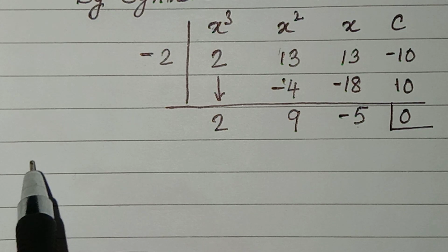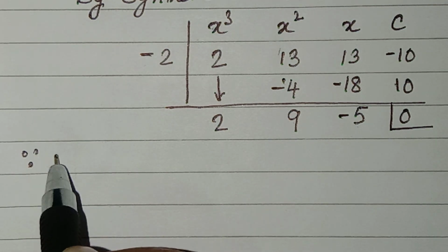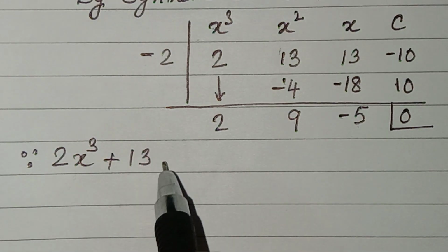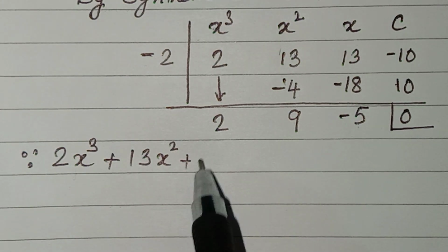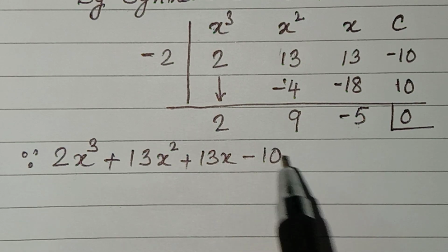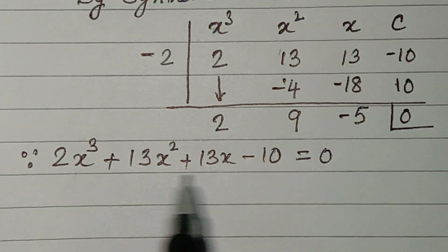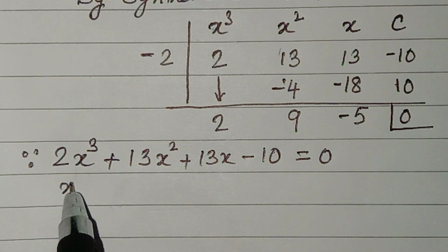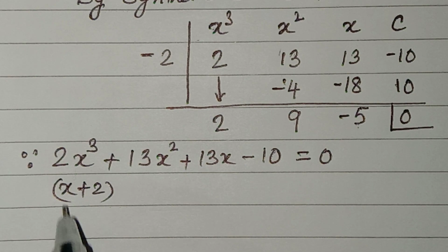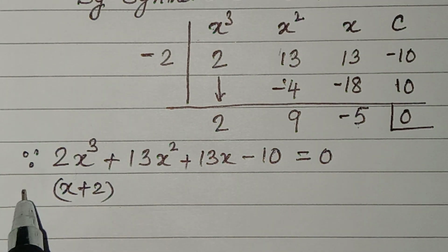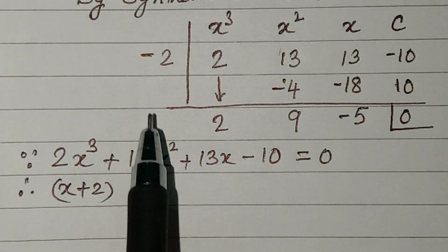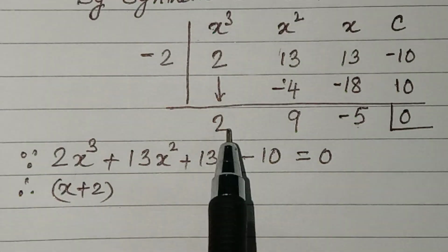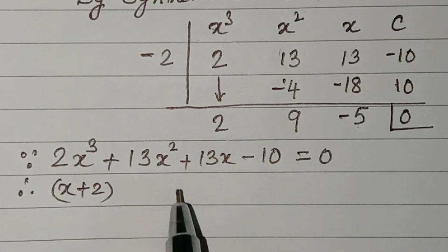Then let's write the given polynomial equation: 2x cube plus 13x square plus 13x minus 10 is equal to 0. This is our given cubic polynomial equation, and we know one of the factors is x plus 2. If we divide this polynomial by x plus 2, we get these terms here.